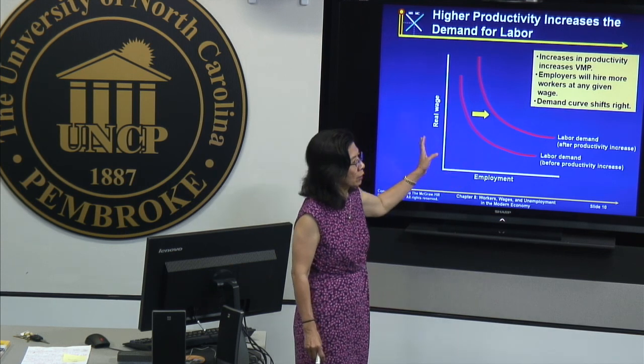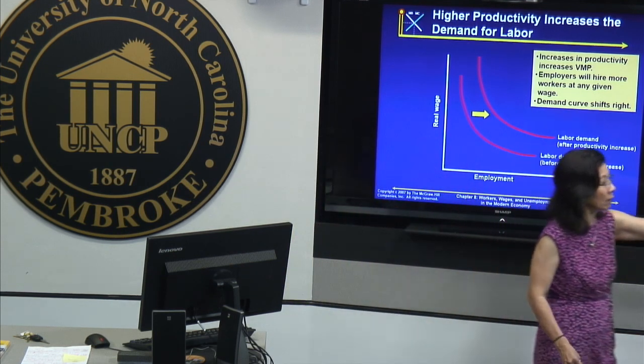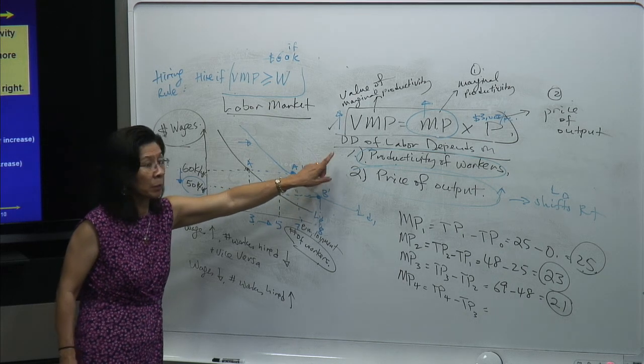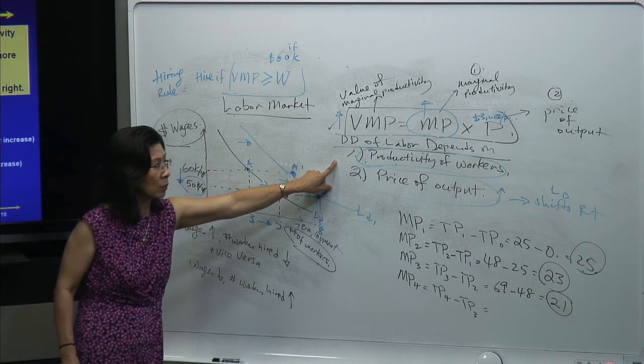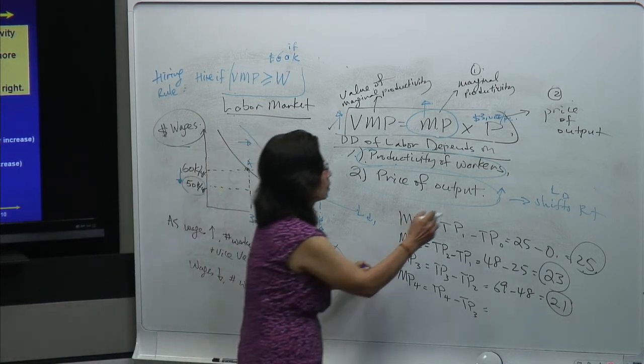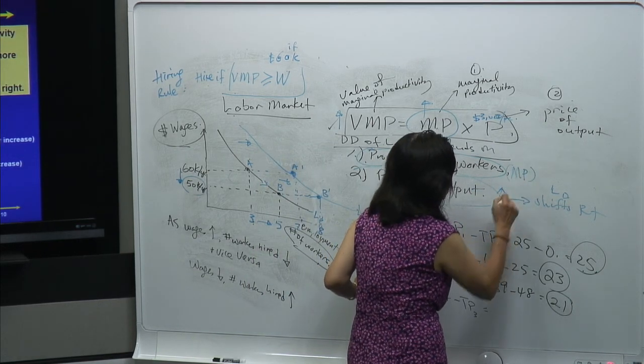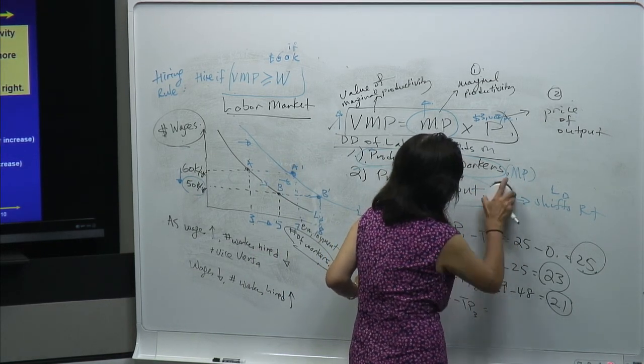And notice that this shift is due to one of these two factors, and this time it is the productivity of the workers, which is also the MP of the workers. So the MP here, this is your P here.